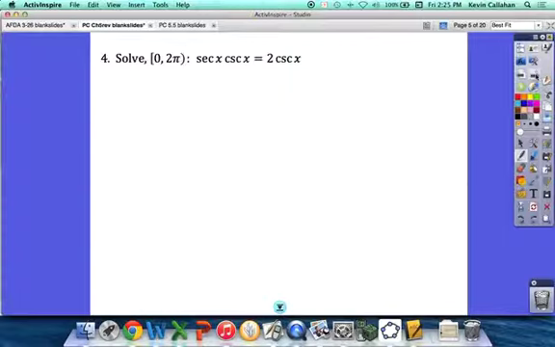Remember the graphs? So most people did this, and this is fine. You're going to say secant of x cosecant of x minus 2 cosecant of x equals 0. And then factor out the cosecant. Cosecant of x times secant x minus 2 equals 0.